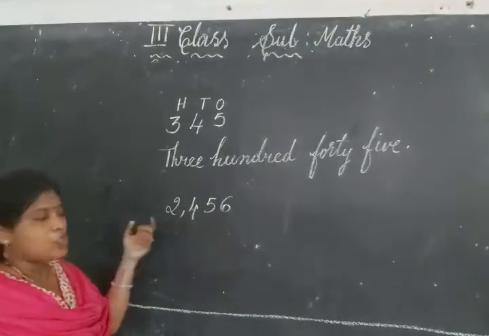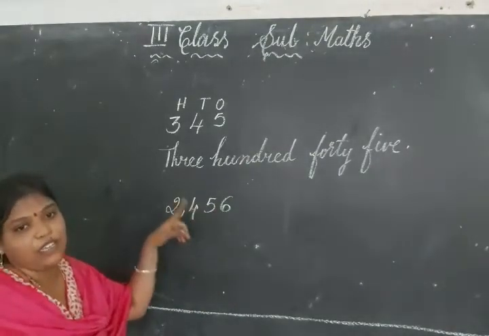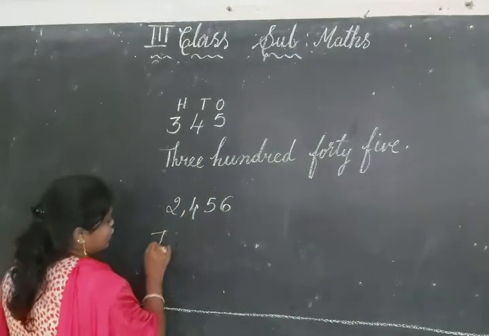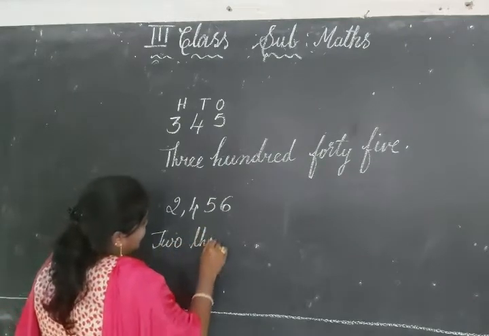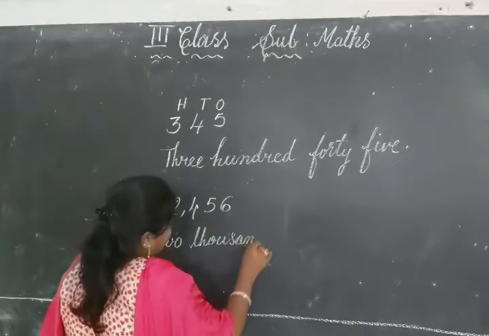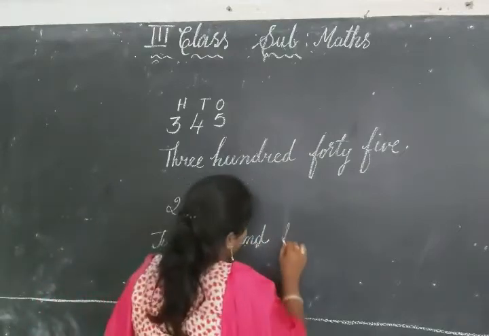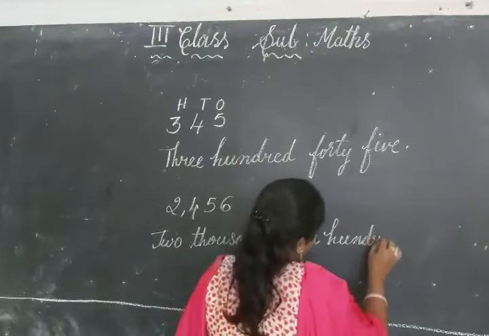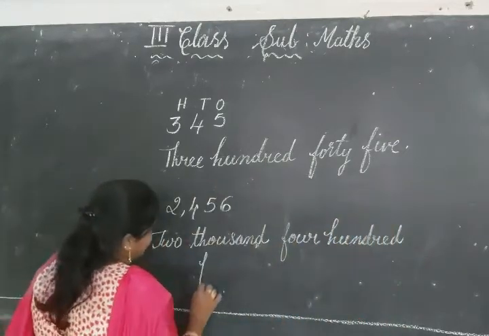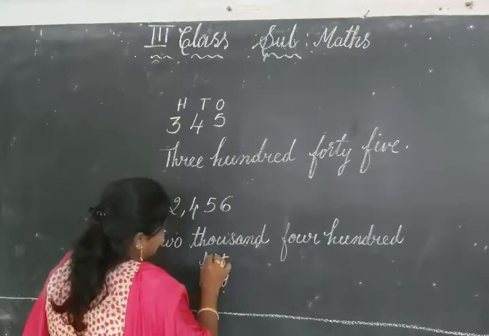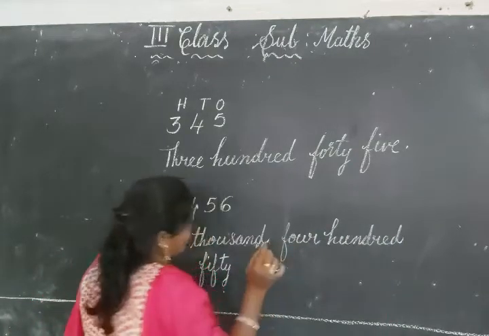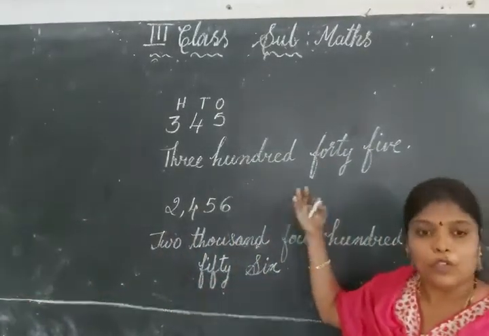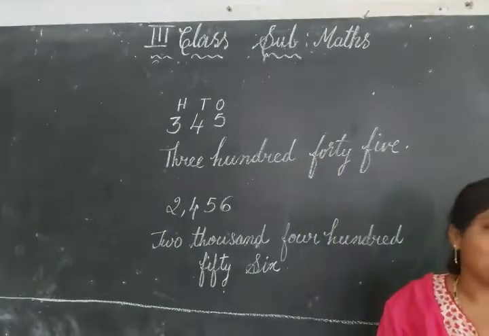How to read it? 2456. So write the number name as it is, however we are reading it.